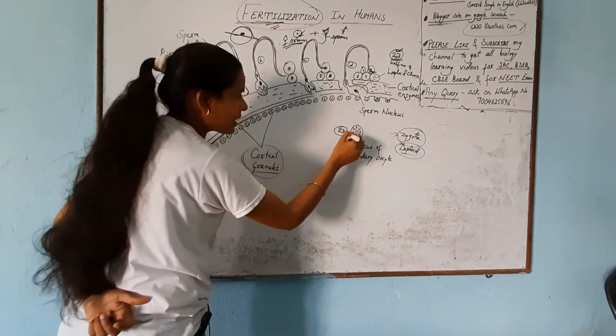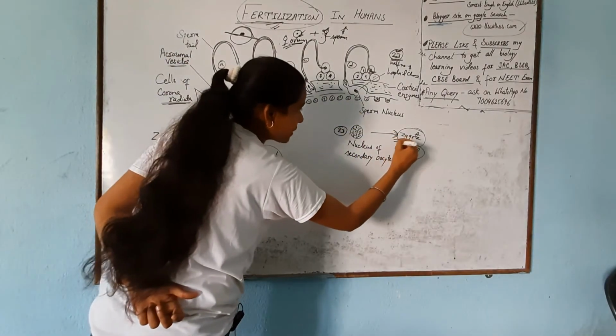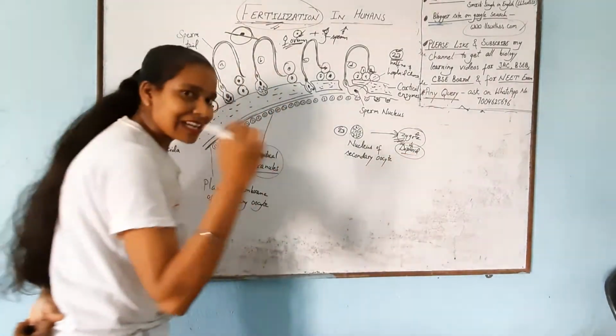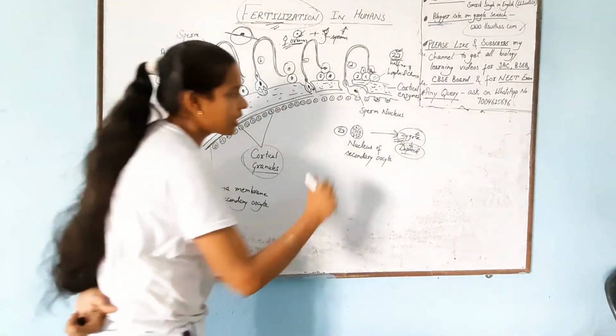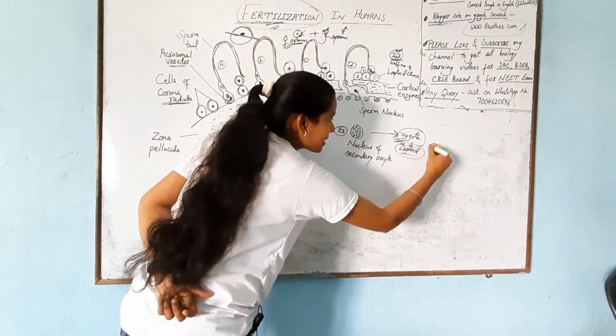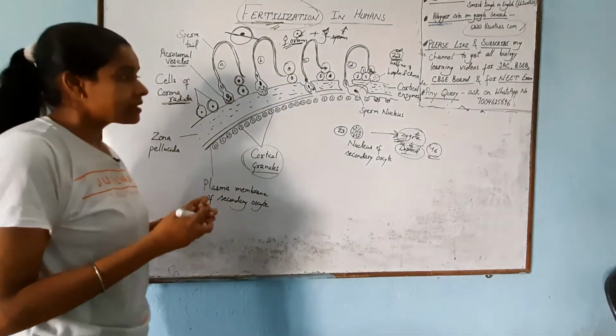So this haploid and this haploid fuse with each other and make the zygote cell, which is diploid, and diploid means the complete number of chromosomes. We know that humans have 46 chromosomes, which is the complete number.